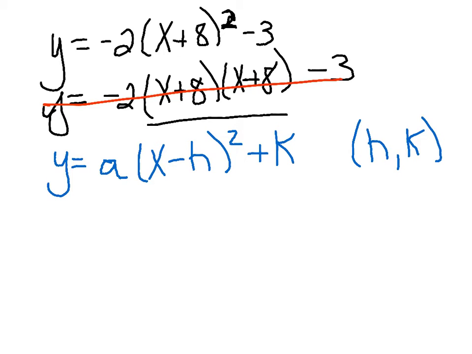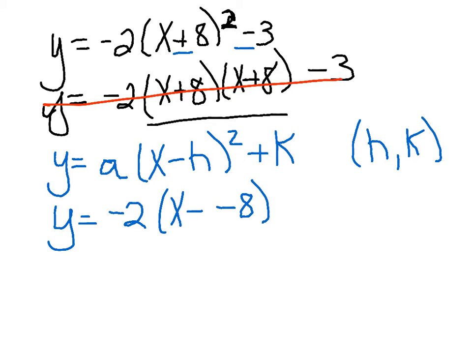Okay, now compare this form up here to this one. What's wrong? Well, that sign's not right, and that sign's not right. So I need to try to get it into that form without actually changing the value of anything. So the way I do that is changing that positive sign into a negative.